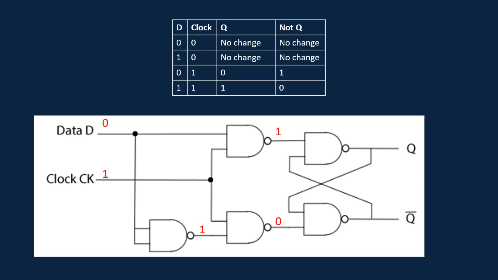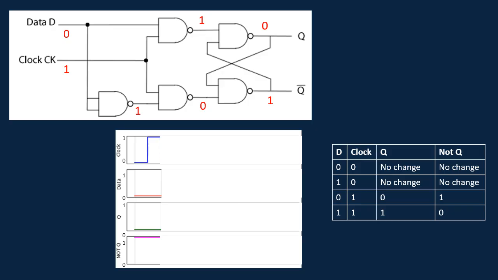So the output for that is 0. And then again, given that the bottom NAND gate has an output of 0 and is going to an input, then we know that the output of that is going to be a 1 regardless of whatever the other input is. So therefore, then we have Q to be 0 and not Q to be 1.